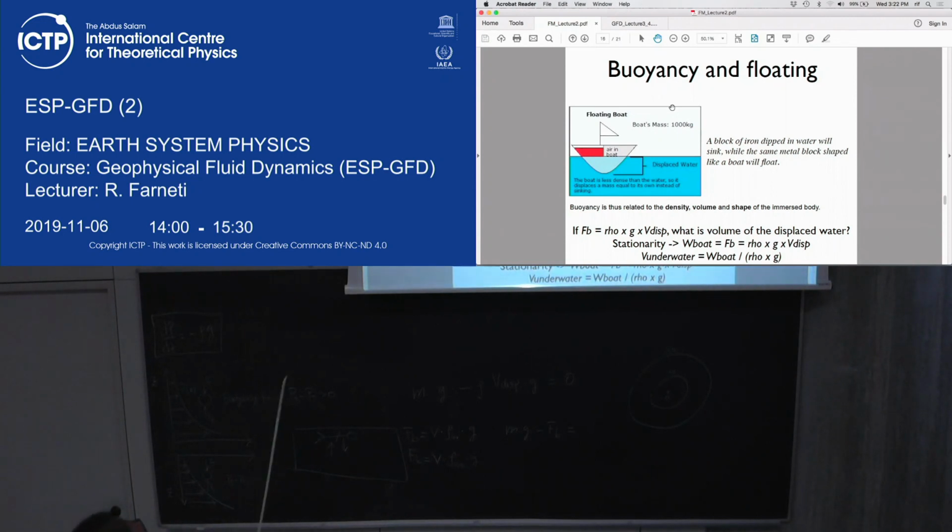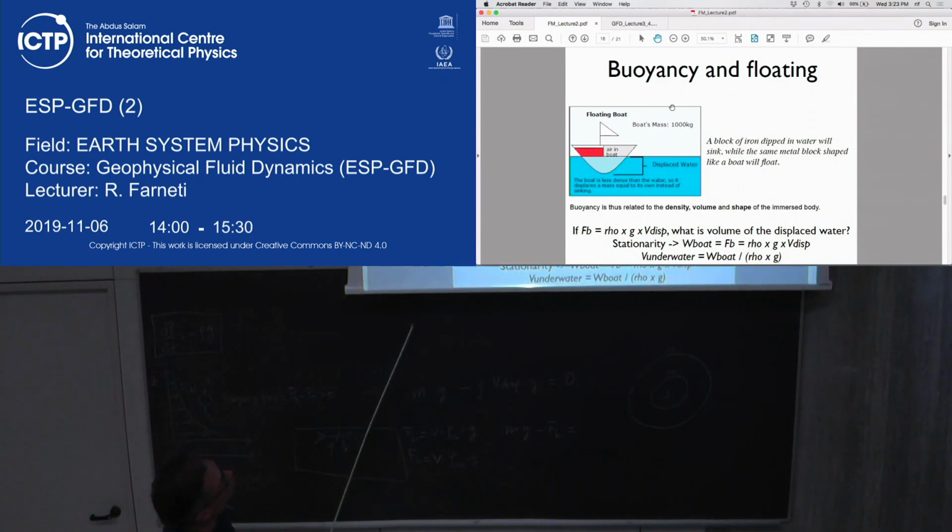So if you have a boat, the boat is less dense than the water, because what is below the water is not filled with concrete or iron, it's actually empty. There are some empty chambers in order to reduce the density. So the boat is less dense than the water, and it displaces a mass equal to its own instead of sinking.